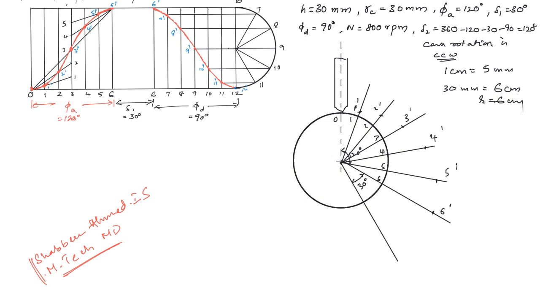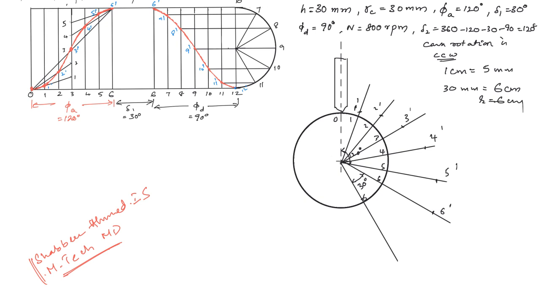Now in the displacement diagram we see that after the dwell we should mark the same number 6 here. If we have 6 dash here, we have 6 dash here also. So we take this length 6 dash and mark it here. Whenever there is a dwell, you continue with the number which was there before the dwell.